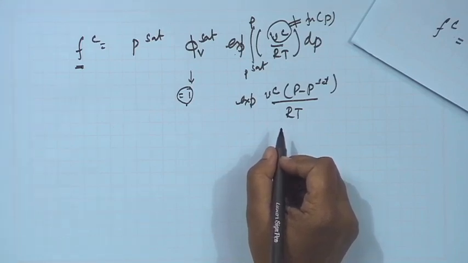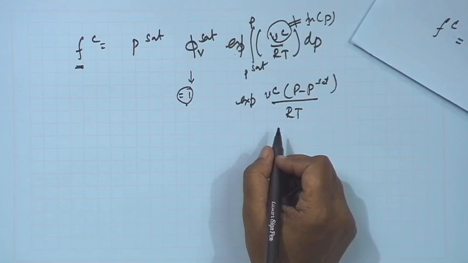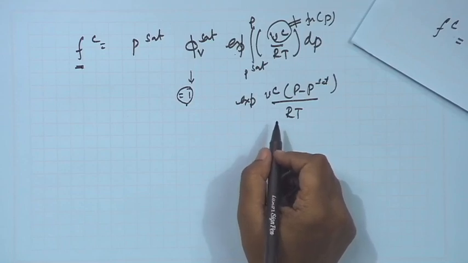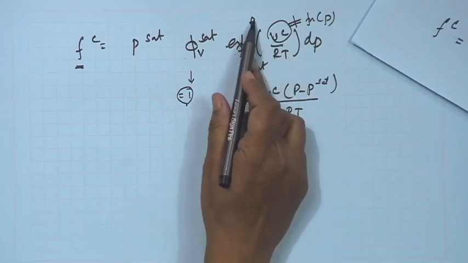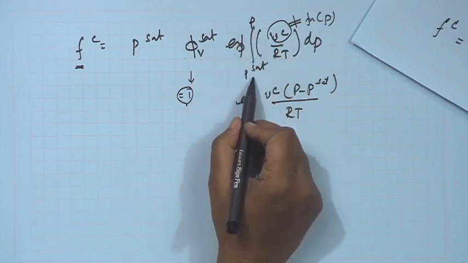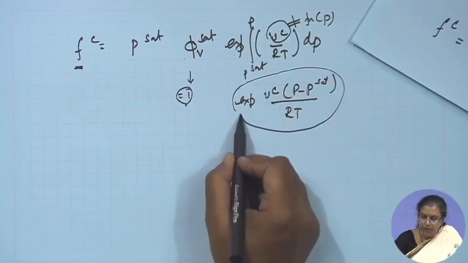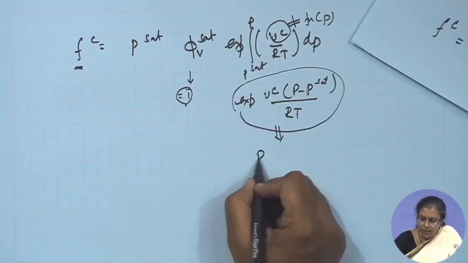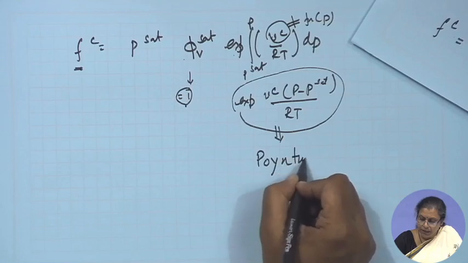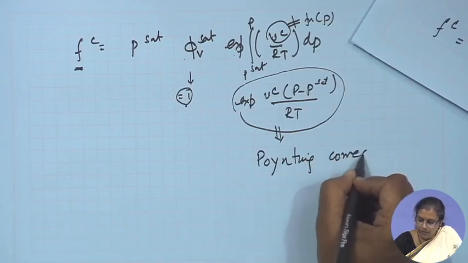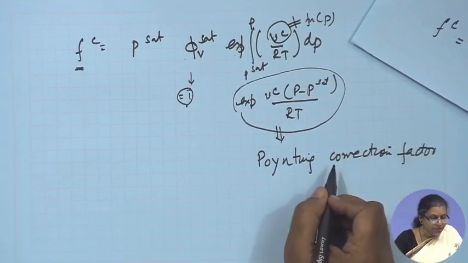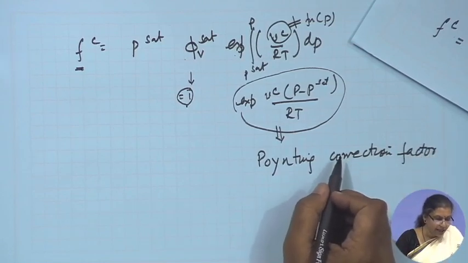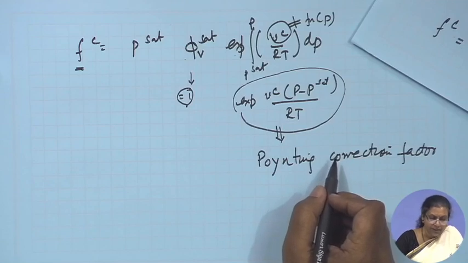The other thing which is important is that usually, but not always, these two correction terms are negligible, unless P is far removed from P saturated. This particular correction term is usually known as the Poynting correction factor. It is not very high provided the temperature is such that P saturated is low.